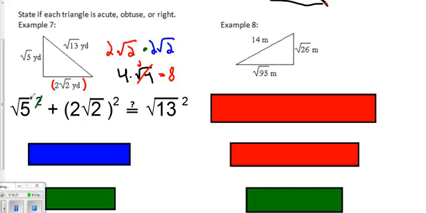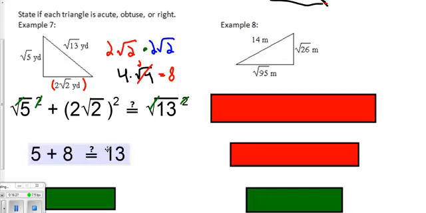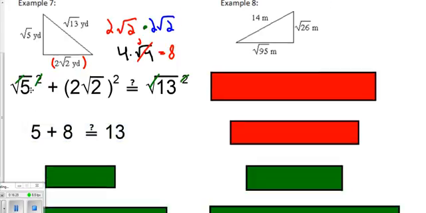For these pieces, that cancels out with that. That cancels out with that. So right now, our equation says 5, right here, plus 8. We figured out that this would have to be 8. 2 times 2 is 4. Square root of 2 times square root of 2 is square root of 4. Square root of 4 is 2, so 4 times 2 is 8, right here.